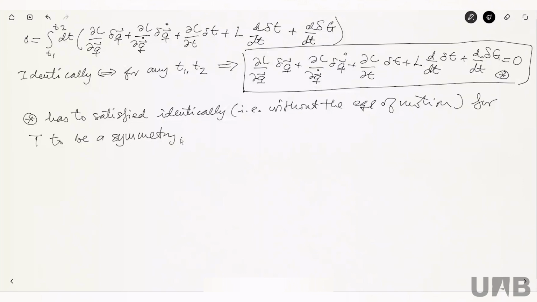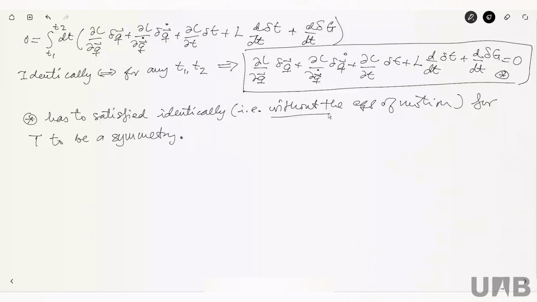Remember that we had this change of variables, this transformation, and we required that T had to be a symmetry. The consequence is that this has to be 0, and we have not used the equations of motion at all. So this has to be a property of the action, or if you wish, a property of the Lagrangian. The Lagrangian has to be such that when I make these transformations, the action doesn't change. And we have not used the equations of motion, okay?